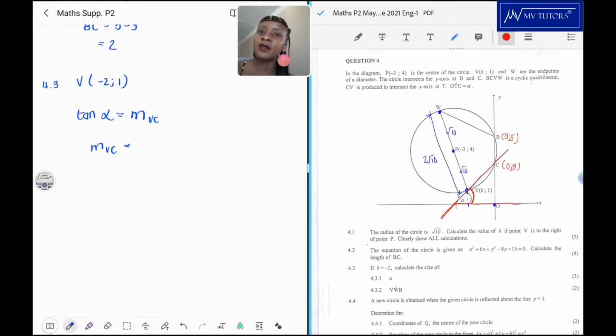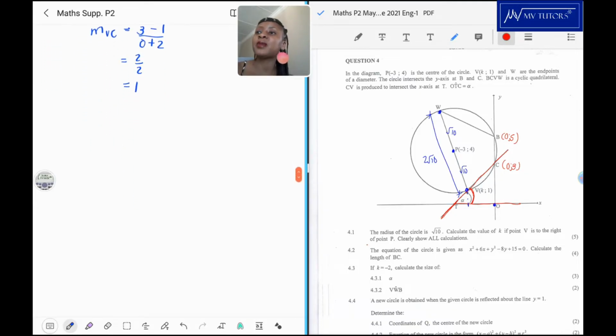So the y value for C is 3 and the y value for V is 1. The x value for C is 0, x value for V is negative 2. So negative will give me positive. So basically I have 2 over 2, which is 1.